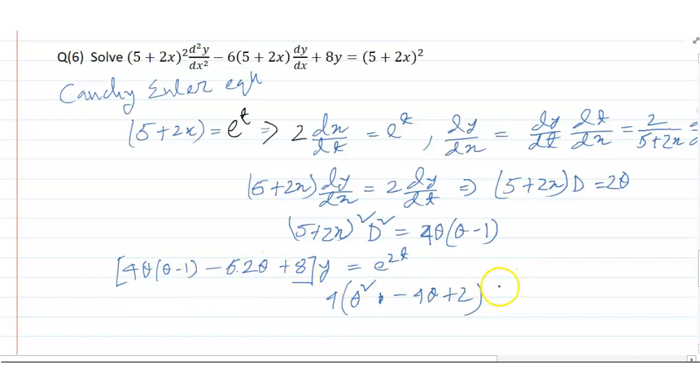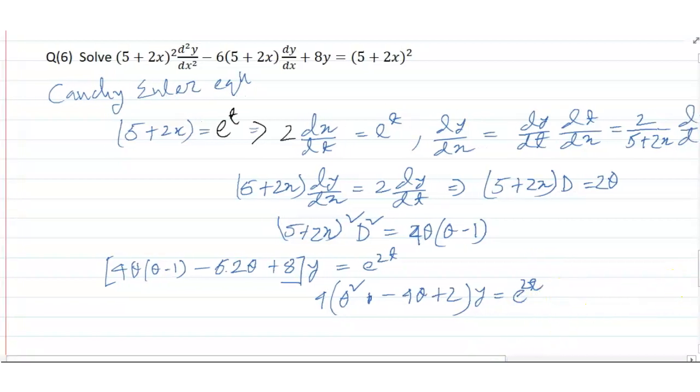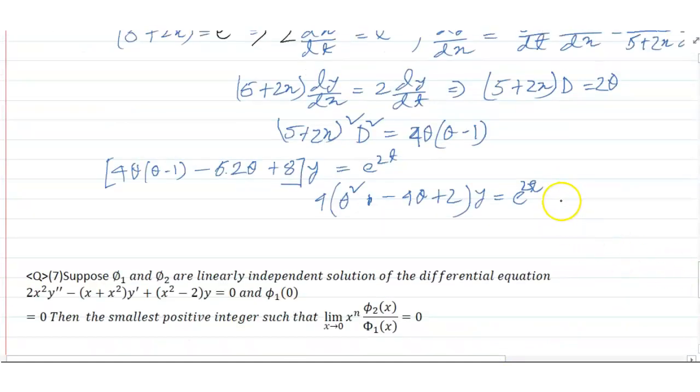And also y equals e to the power 2t. So friends, it can be written this way: theta square minus 4 theta plus 2, y is equal to 1 by 4 e to the power 2t.